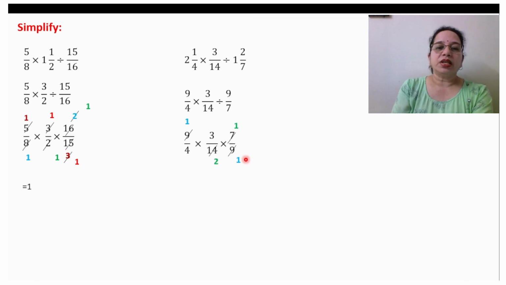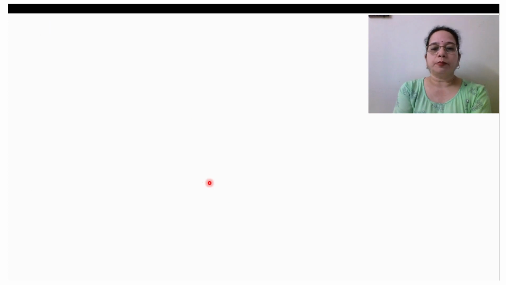Then 7 ones are 7, 7 twos are 14. And now don't cut these two numbers, because we cannot cut two numbers from denominator. So now multiply all the numerators together, all the denominators together. So this is 3 upon 8, and numerator is smaller, so this is the answer.